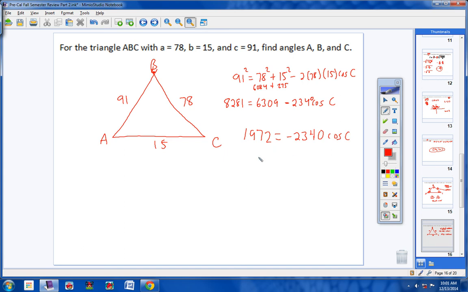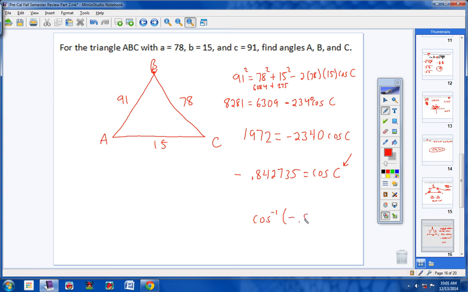Now divide both sides by negative 2,340, so 1972 divided by negative 2340. I'm going to round negative 0.842735 equals cosine of C. Well, you guys know what to do. You're looking for an angle, so you're going to hit second cosine. And then type this number in right here.